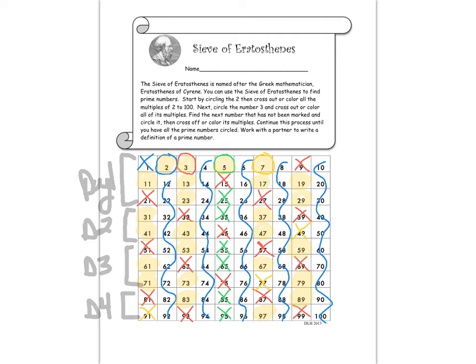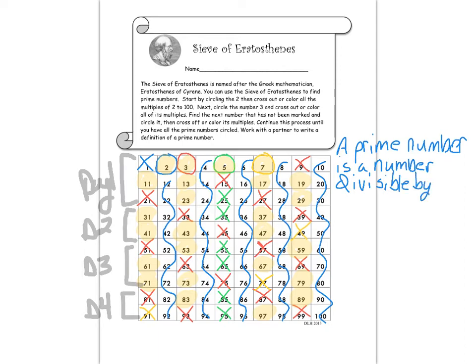So what's the definition of a prime number? So a prime number, that's an N, not an R, is a number divisible by 1 and itself.